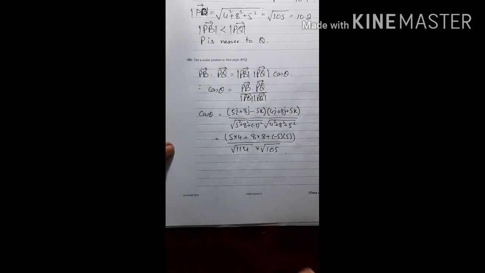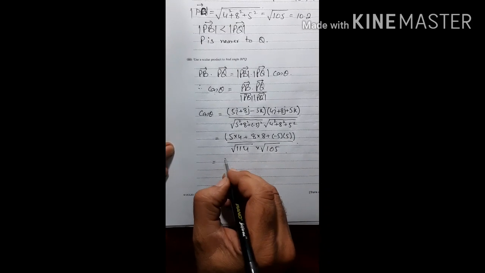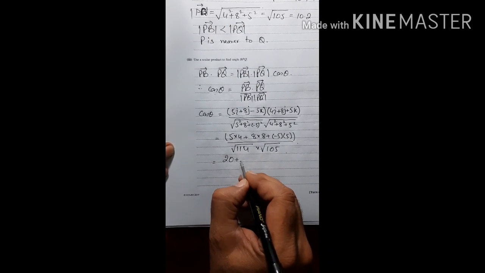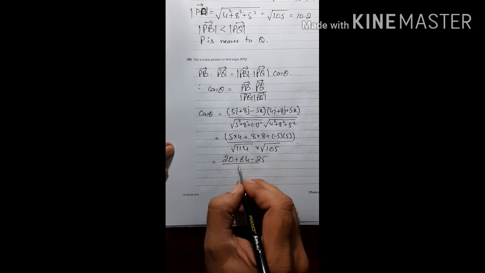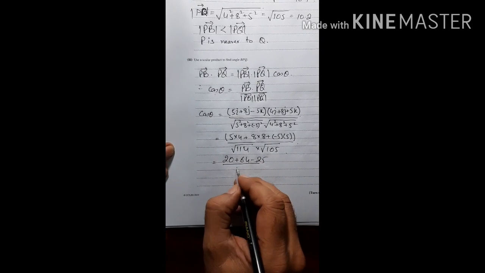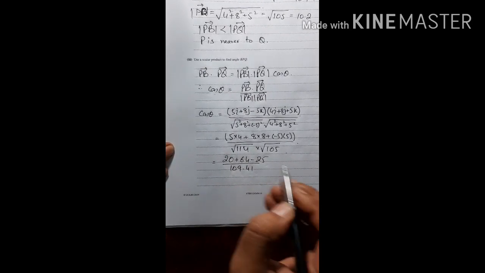So this will be 20 plus 64 minus 25 over 109.41.